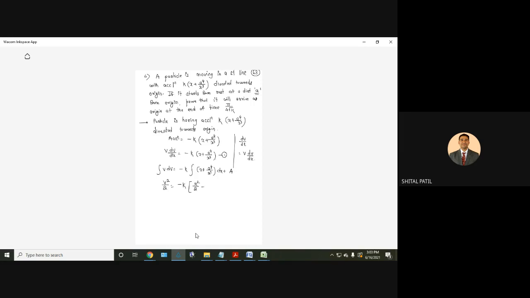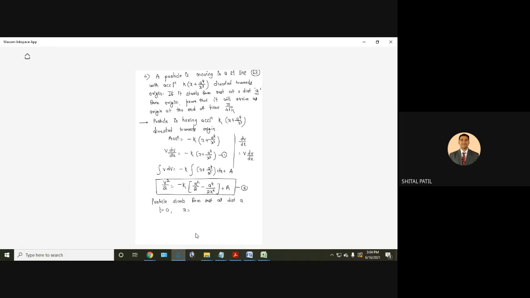Integration of 1 upon x cube minus of particle starts from rest at a distance a.